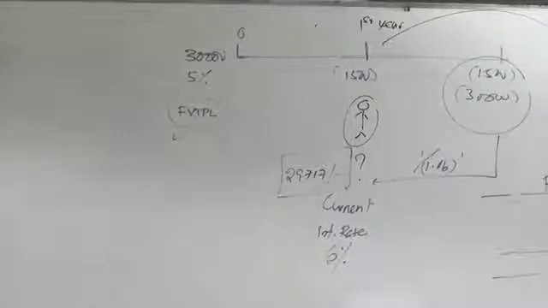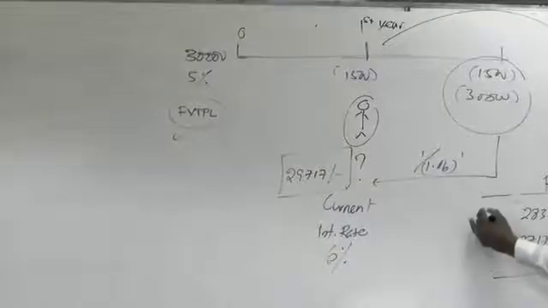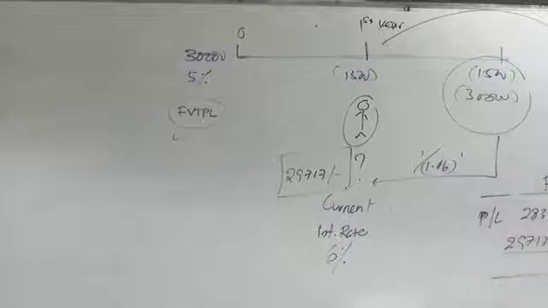Not the amortized cost method. 29,717. Okay. Therefore, you have 283. Am I correct? 283 gain in profit and loss. Agreed? Right. Gain in profit or loss.